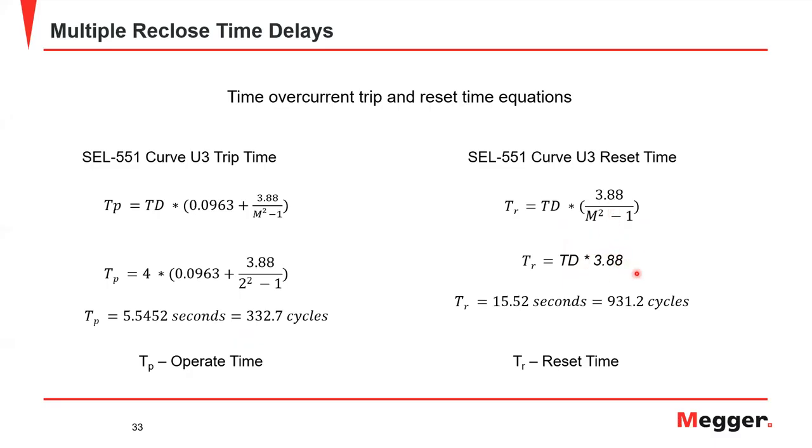And this 3.88 is provided by the manufacturer. These equations come directly out of the user guide for the relay. Okay, and so that actually comes down to almost 16 seconds to reset.